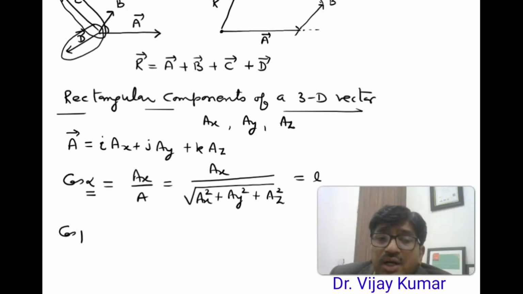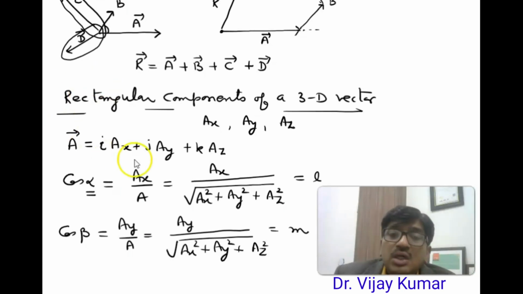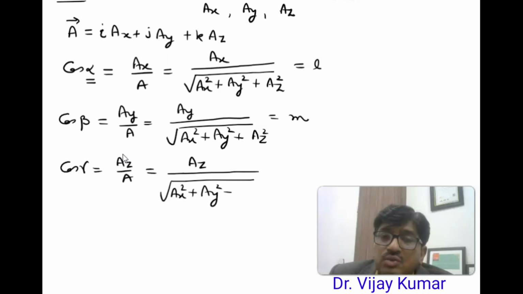If angle made from y-axis is beta, then cos beta should be AY upon A or AY upon under root AX square plus AY square plus AZ square, and we can write it M. And the angle from z-axis, if we represent it gamma, then cos gamma equal to AZ upon A, and it becomes AZ upon under root AX square plus AY square plus AZ square, and we can write it N.